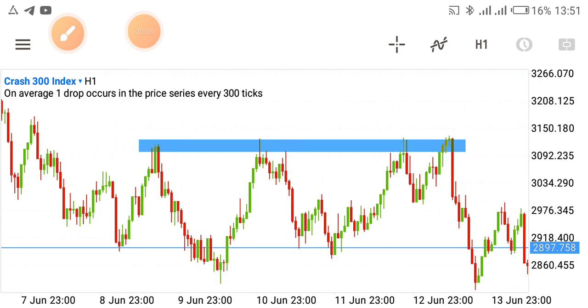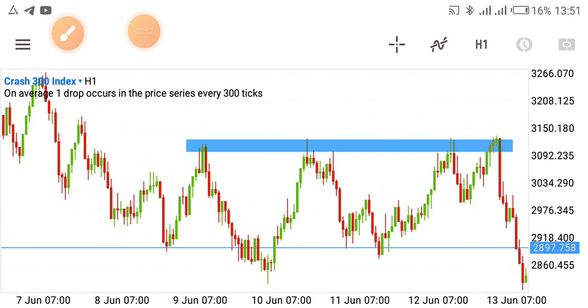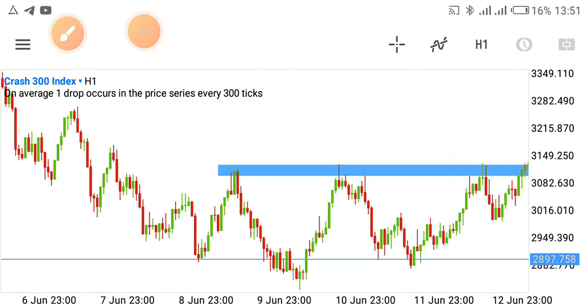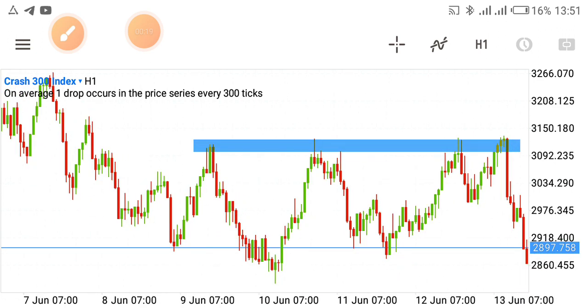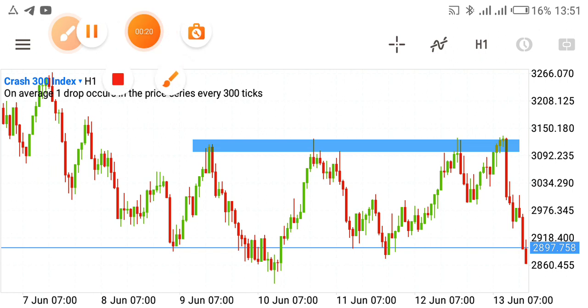In today's video, I'm going to be showing you a very smart way of catching spikes. And in this video, I'm going to be using Crash 300 only. Crash 300 is one of the pairs people are scared of trading because of its volatility. It is very volatile.